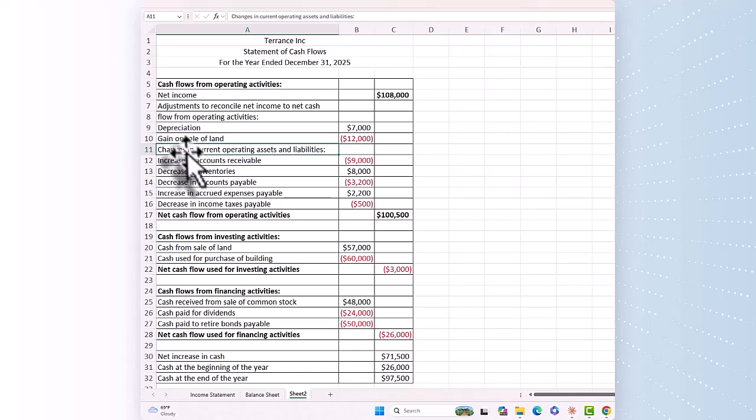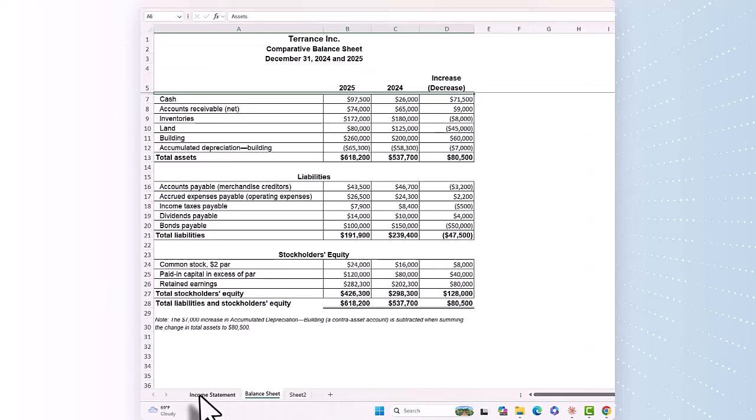Now let's talk about this confusing stuff with the changes in current operating assets and liabilities. If we come back here to our balance sheet, this is where these increases and decreases come into play. What we want to look at is specifically things like our accounts receivable, our inventories, and then down here, things that are related to accounts payable, our accrued expenses, things that we prepaid, and our income taxes payable.